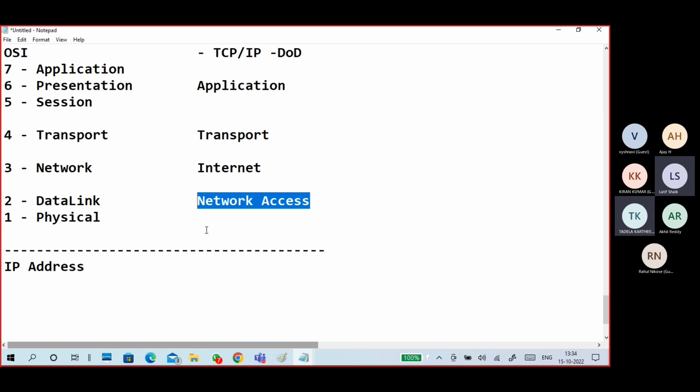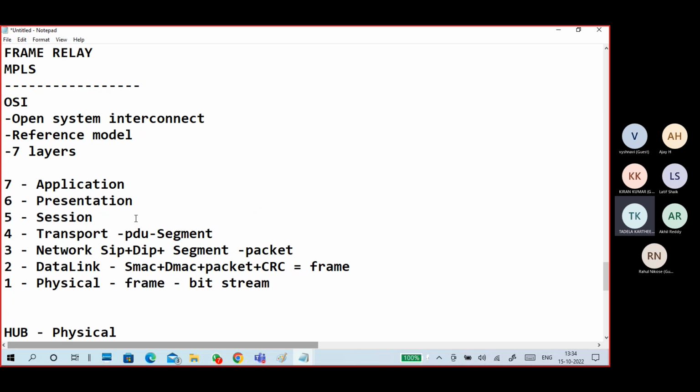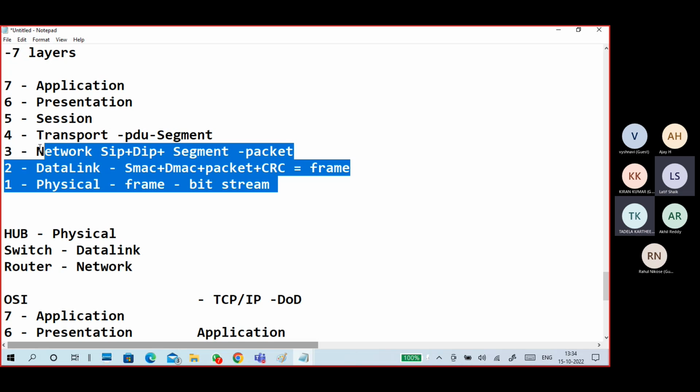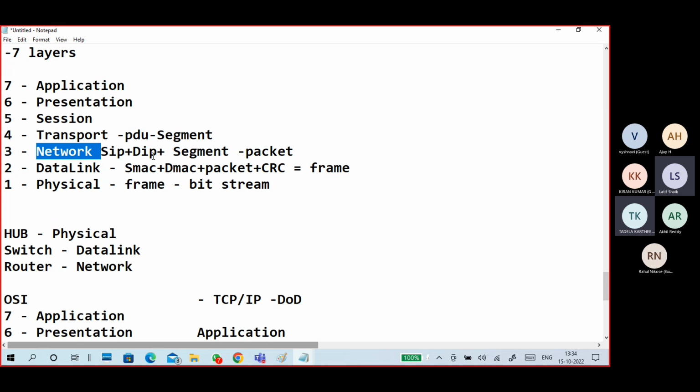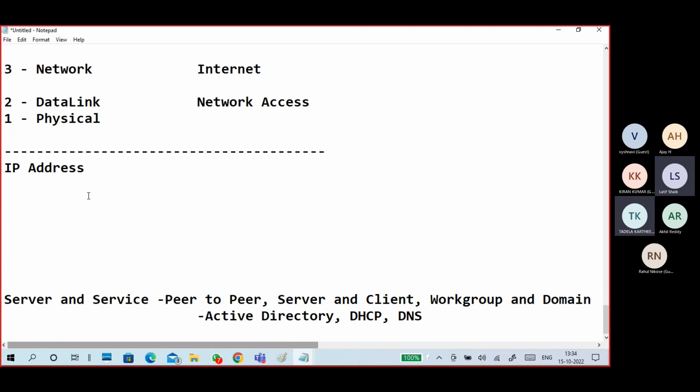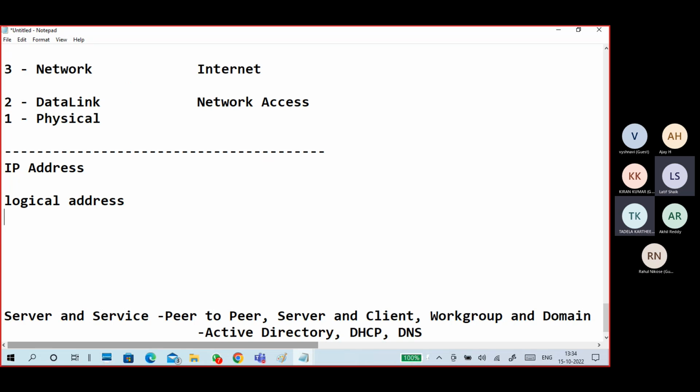Of course, switches also come under network access or the data link layer, because MAC address is data link layer and IP address is network layer. I have written the IP address, but the routing protocols and routed protocols explanation is there. What is an IP address?